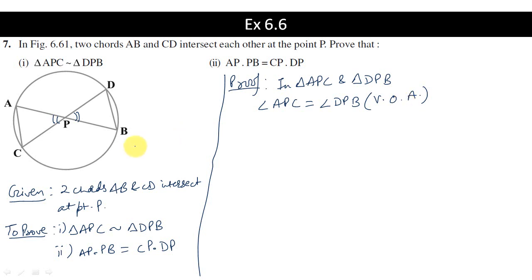Okay, and this angle A is equal to angle D because these are angles in same segment. Angles in same segment, this we have already studied in class 9th. So angle CAP is equal to angle BDP. These are angles in same segment.